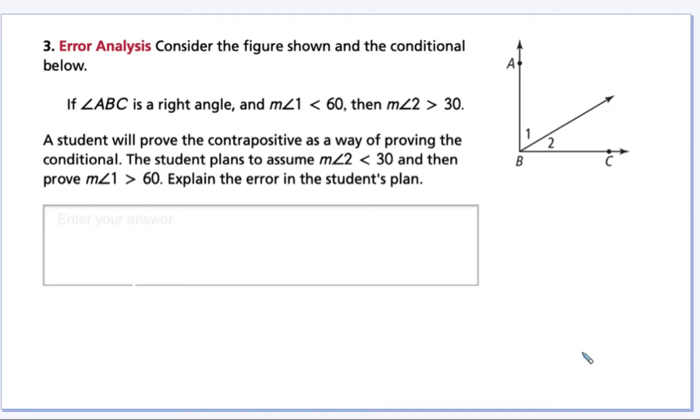Explain the error in the student's plan. So the student is partially right, but the student should assume that the measure of angle 2 is less than or equal to 30, not just less than 30.